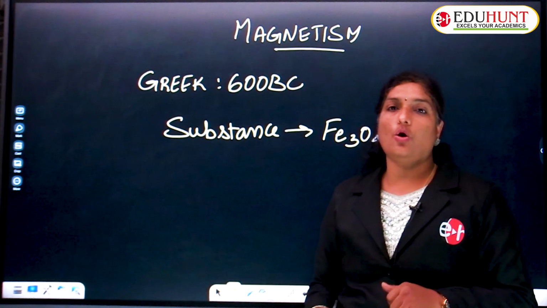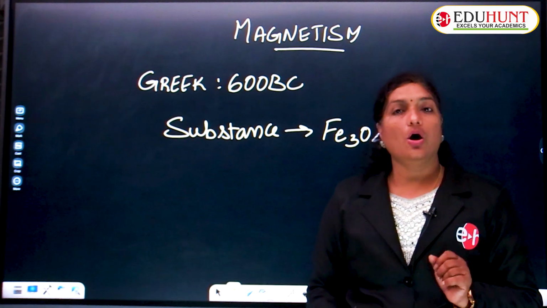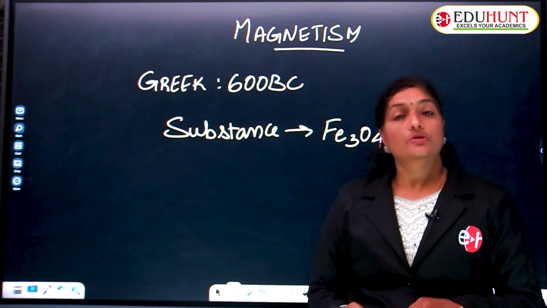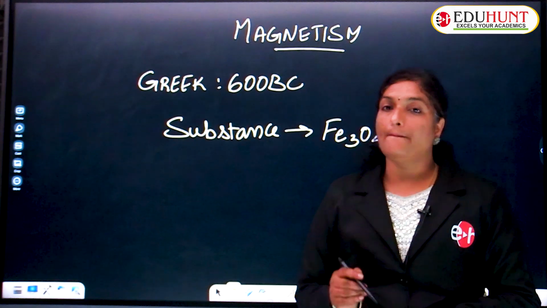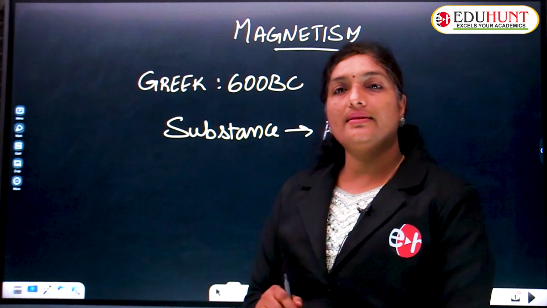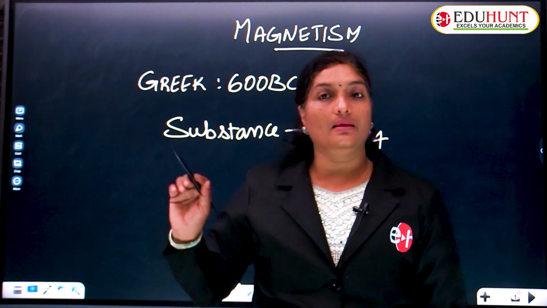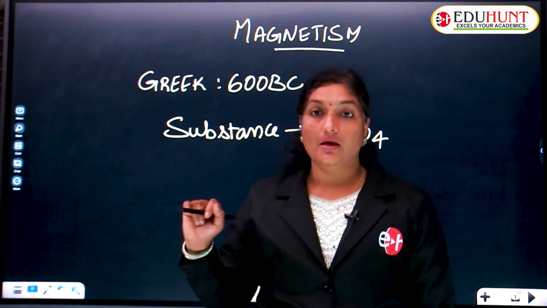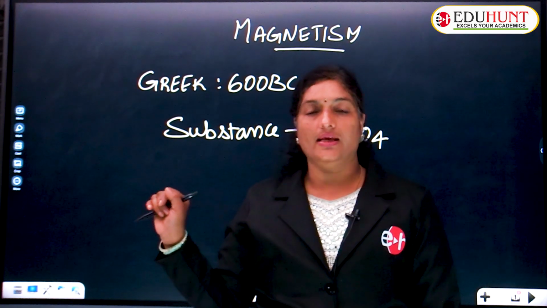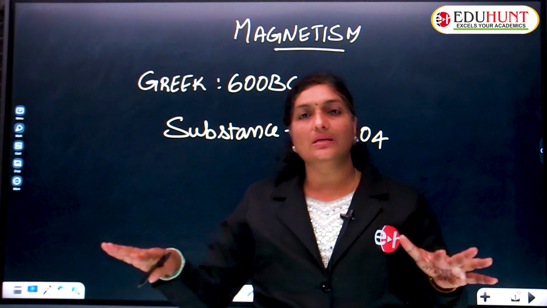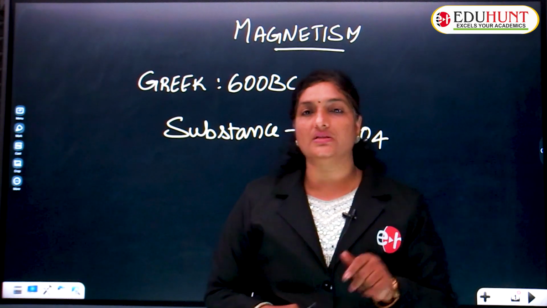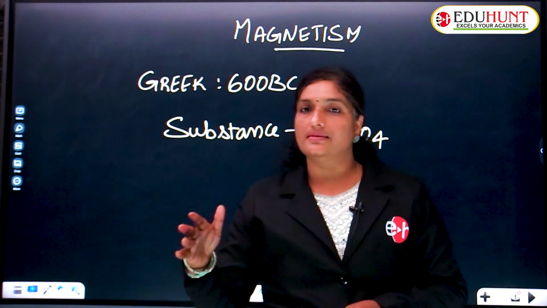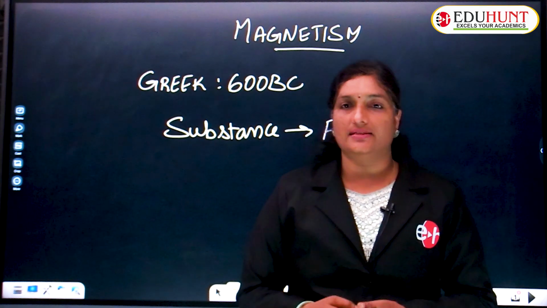This is also called lodestone or magnetite. Do you know the reason why it is also called magnetite? Earlier I said that it was found in Greece. In that Greek country, there was a place named Magnesia. As that substance was found in Magnesia, the name magnetite was given.